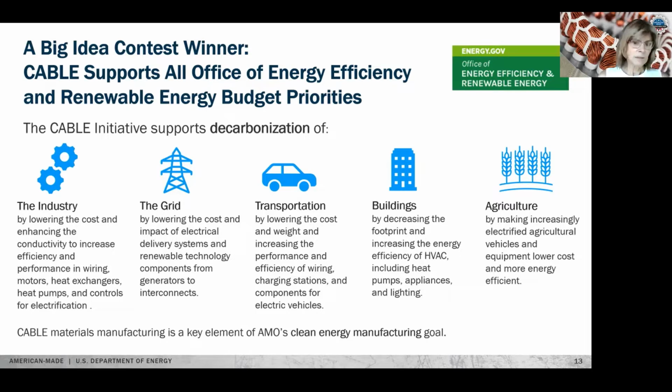In parallel, CABLE helps AMO in particular cut greenhouse gas emissions in half by 2030 and net zero by 2050 by also contributing to decarbonization efforts related to process intensification, separations, and process heating and drying efficiency. Next slide.